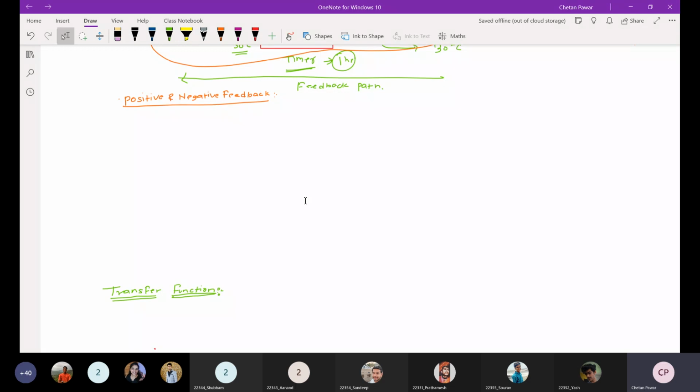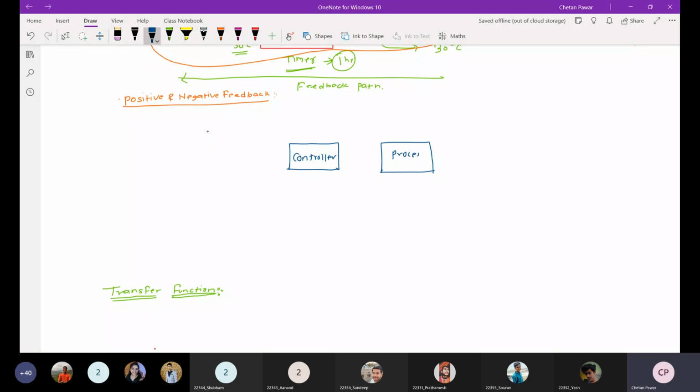At that point, first we need to find out what is meant by positive feedback and what is meant by negative feedback. Okay, so we have seen the closed loop control system diagram. There is one controller, then there is a process or plant or a system.